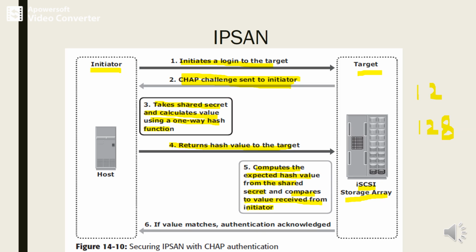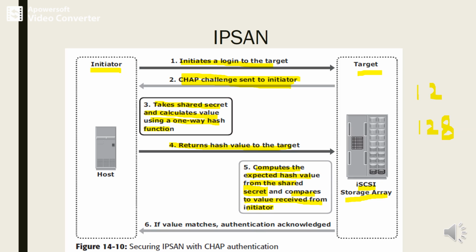So what exactly does the target do? It computes the hash value by considering the secret key or password, and later compares the hash value with that of the initiator.